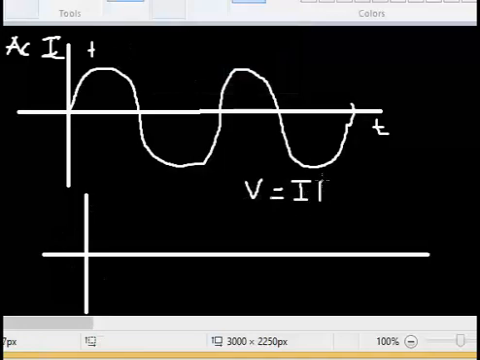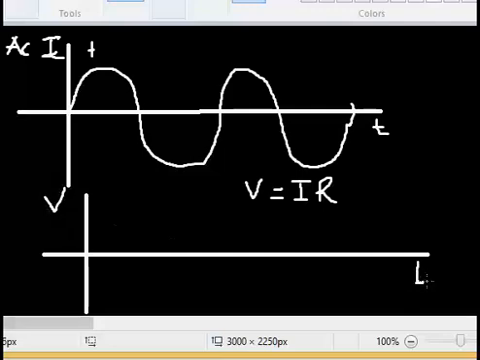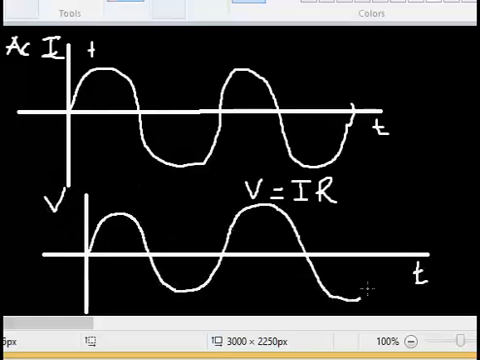So as the current changes with time, so does the voltage change with time. This is the graph of current against time, and of course the alternating voltage against time. I hope that is well understood.